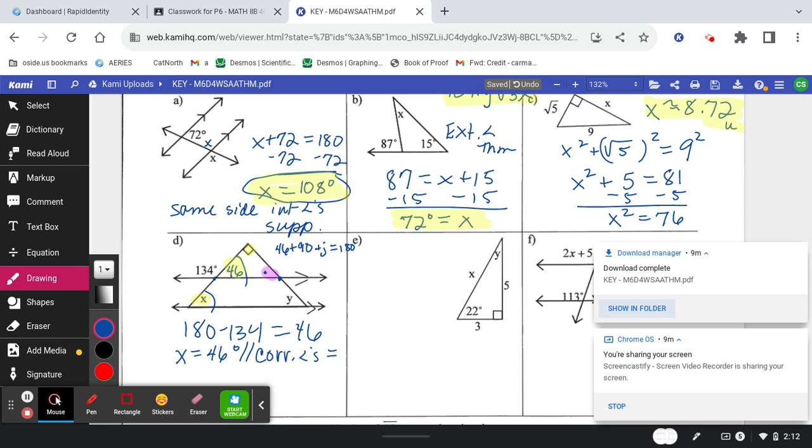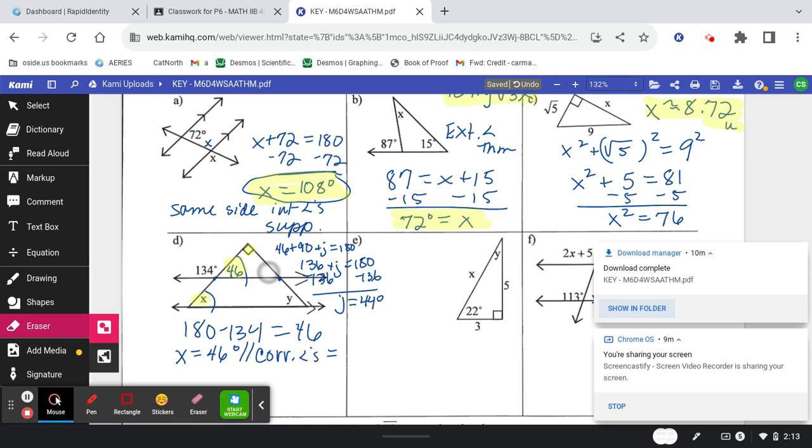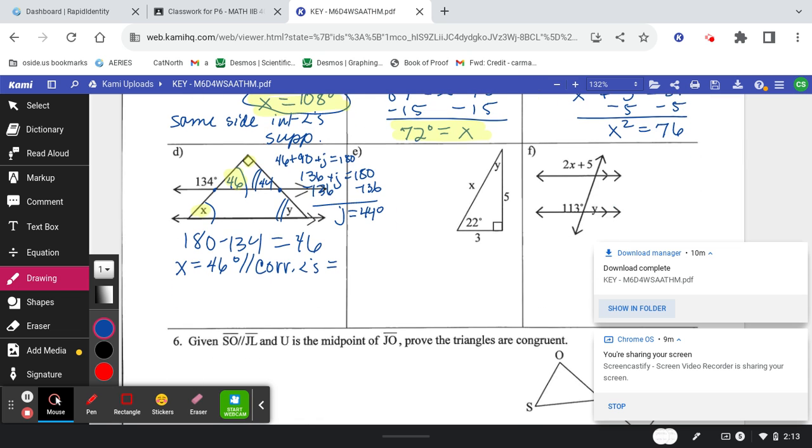So 46 plus 90 is 136, plus J. And I minus 136 from both sides, and I get J is equal to, you got it, 44 degrees. So all that work just to find this up here is 44 degrees because, yes, y is equal to 44, also by corresponding angles are equal. Okay, highlight that. How'd you do?